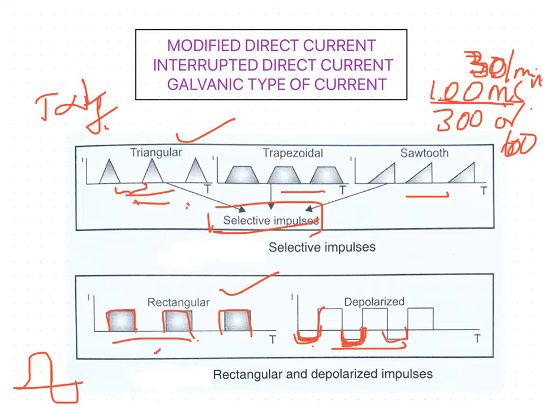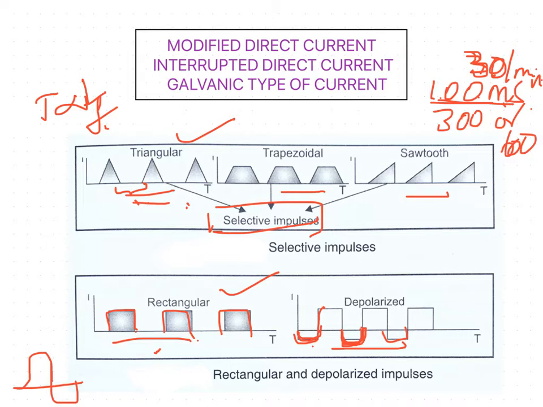And to stimulate denervated muscle fibers only, a rise time of longer than 100 milliseconds is best, and 300 or 500 millisecond triangular pulses are often selected.